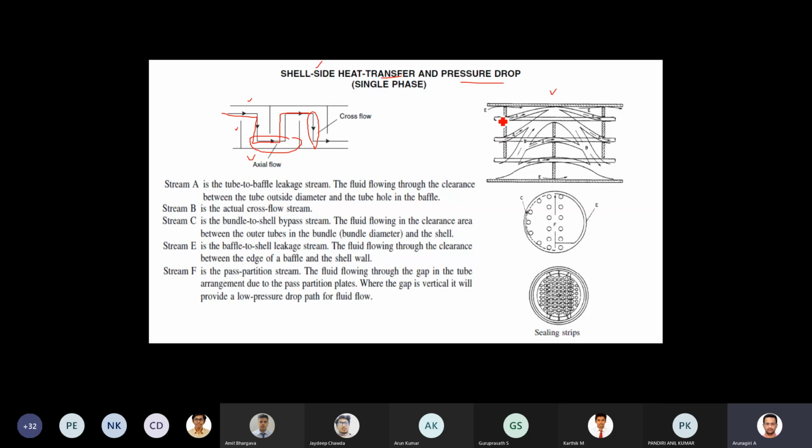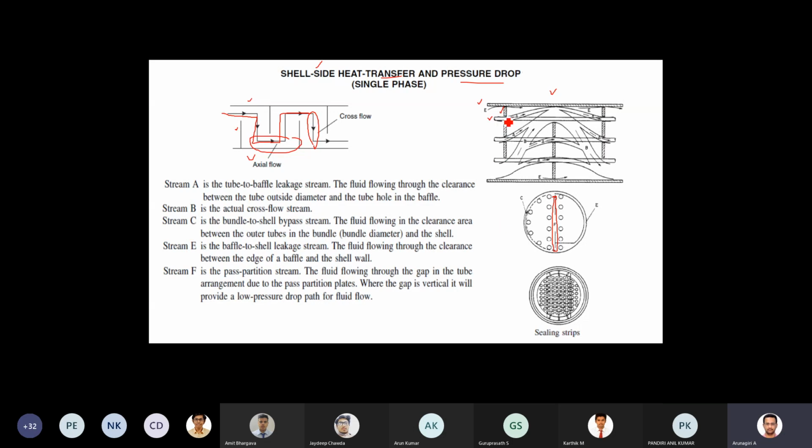Here you see, this is your shell wall, this is your baffle, this is your tube. And here you have a pass partition plate at the center. When there is more than one shell pass, you have pass partition plates. In such cases, again we have to give more space between the tubes and these partition plates. So these things will create different streams: A stream, B stream, C stream, E stream, F stream.